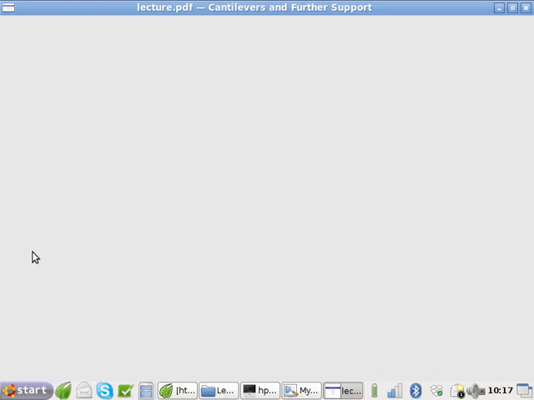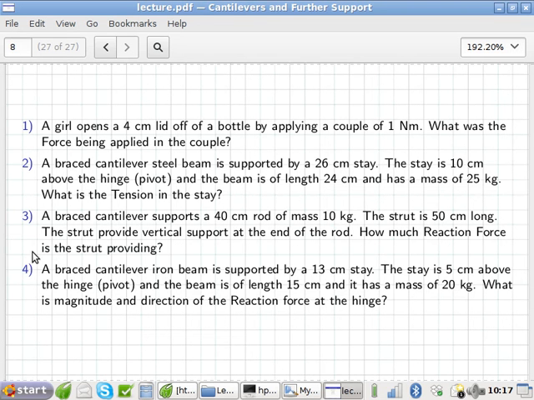Let's have a look at the second one. A braced cantilever steel beam is supported by a 26 meter stay. The stay is 10 centimeters above the hinge and the beam is 24. Okay, so it looks like this.